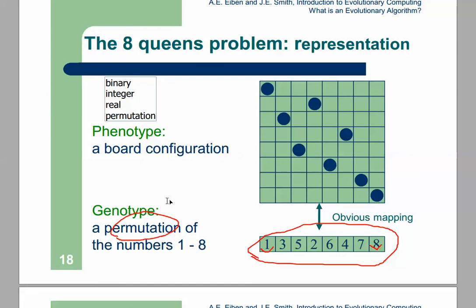Permutation representation is the same as integer representation, but one of the differences is that none of the values are repeated. You have all combinations from 1 to 8, but in integer you don't have this limitation.